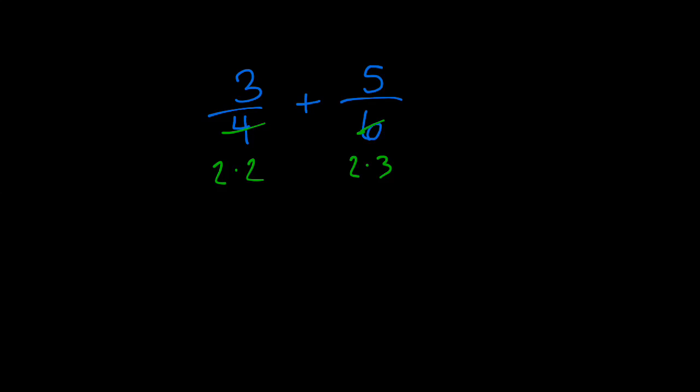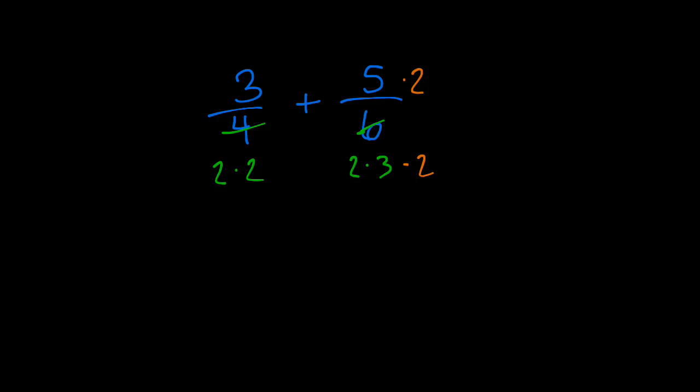So now to find the common denominator, we're going to compare the factors in each of them. In the one on the left, we have 2 factors of 2, but on the right, we only have 1 factor of 2. So we need to multiply that factor in to help make our denominators match. So multiply by 2 over 2. And in our denominator on the right, we have a 3, which is missing as a factor on the left.